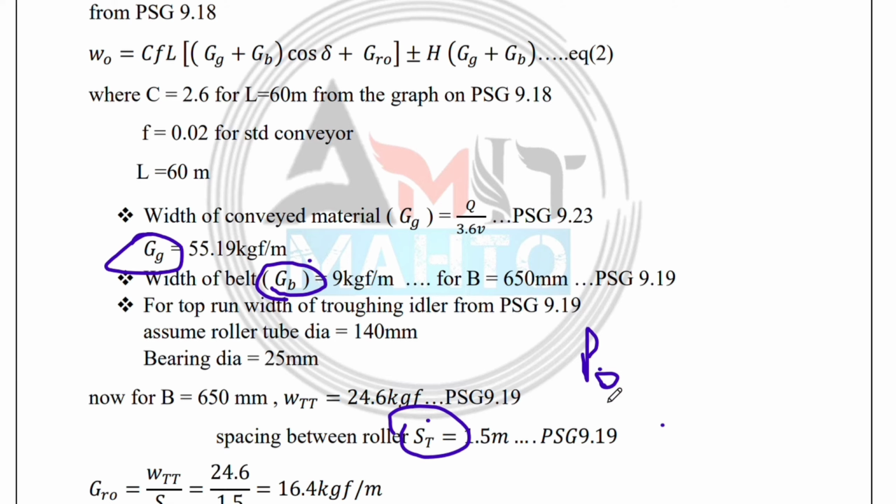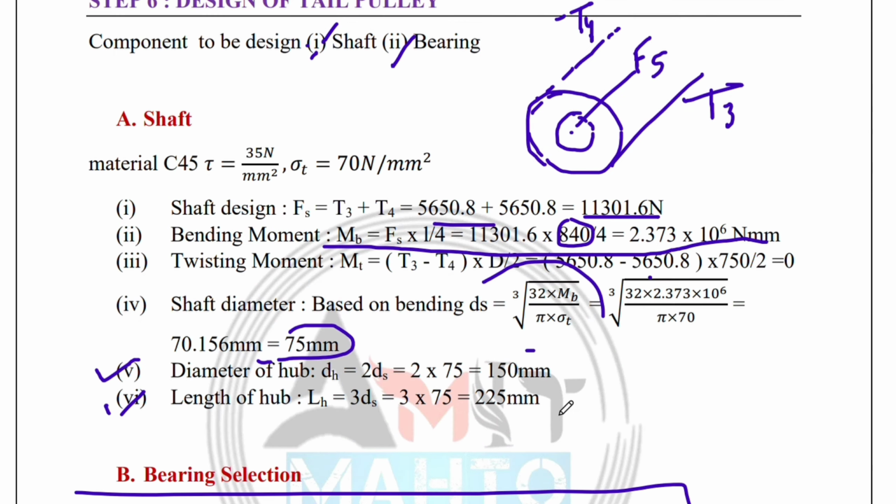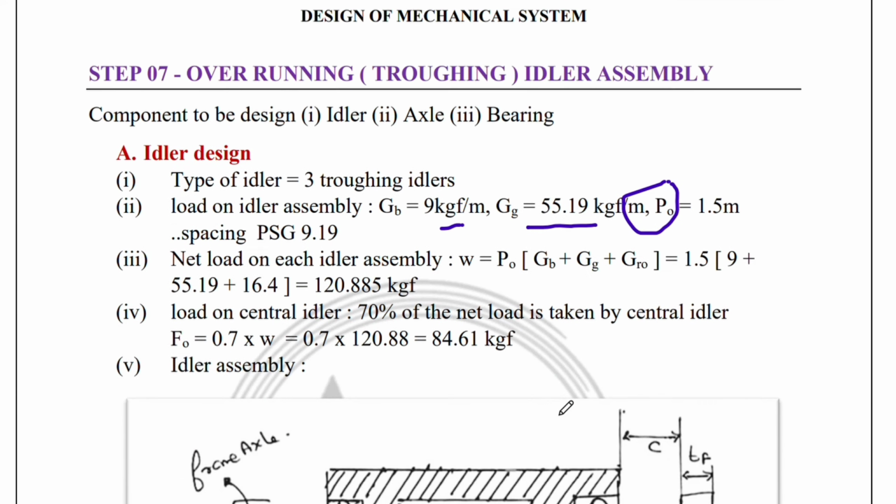So these all three values, the GG value, GB and the spacing, will be used in step number 7. Now moving to step number 7, all these values GB, GG and PO we get from step number 2.